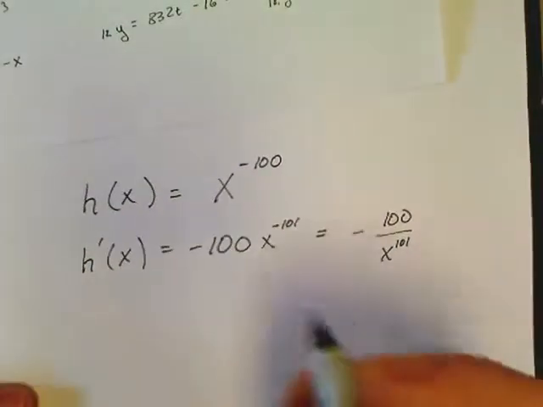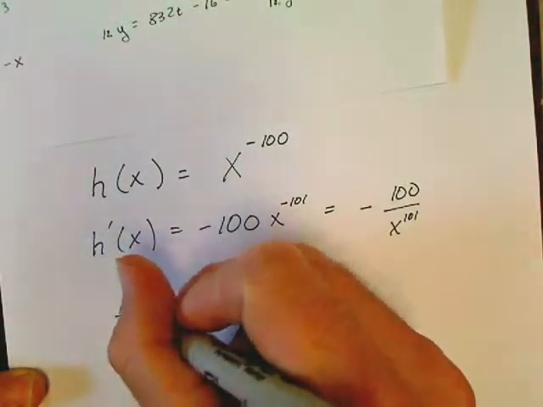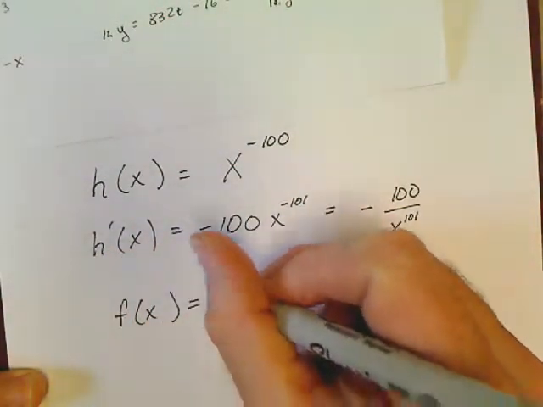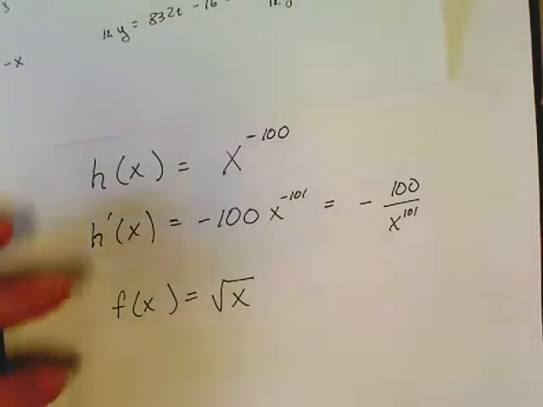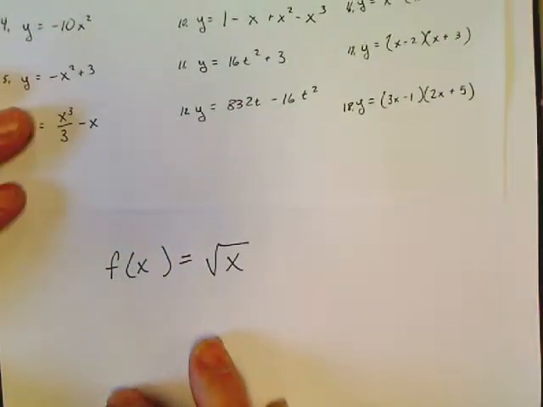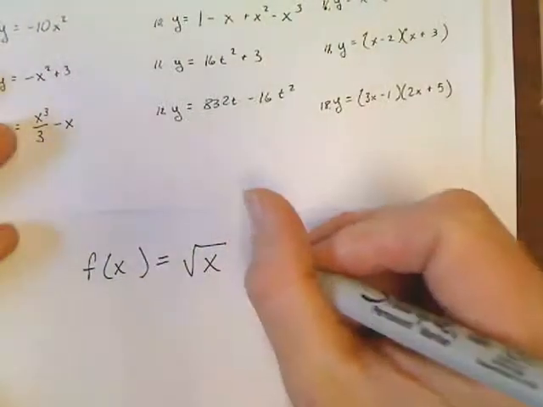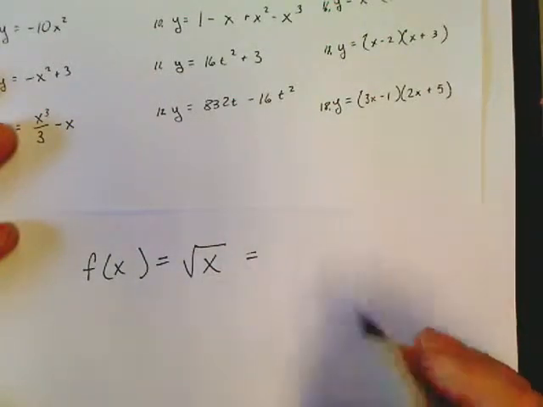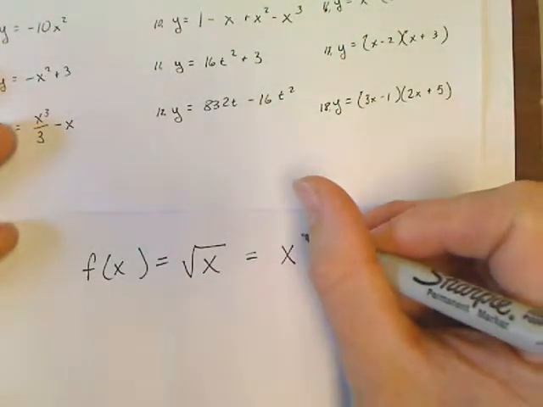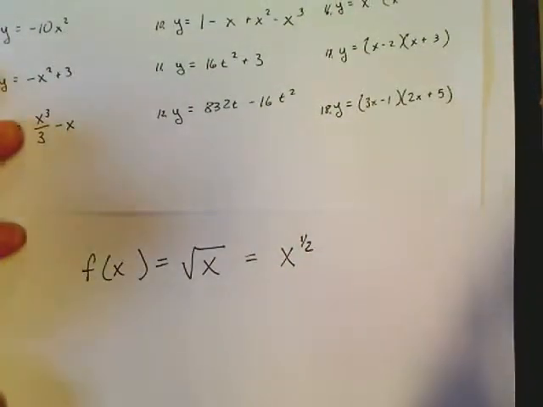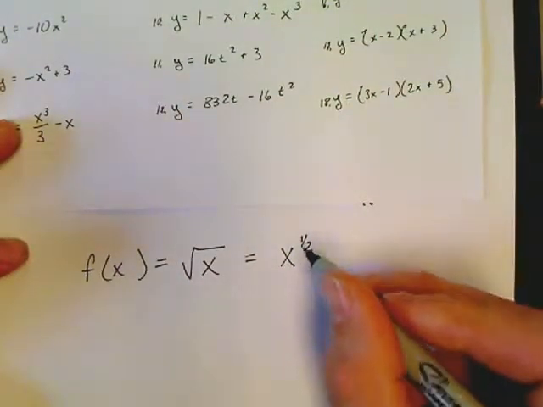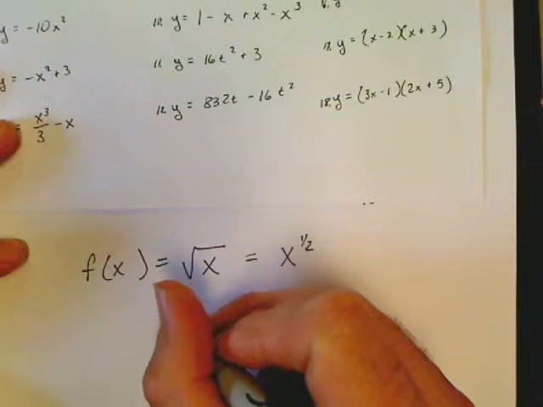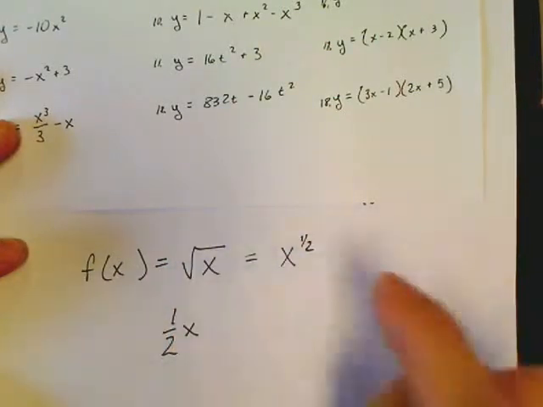Anyway, what about this one? f of x equals the square root of x. How do we do that question? First off, if you're ever doing any of these derivatives and you're given a radical like that, just change it to x to the 1/2. Now let's do our derivative. Multiply by 1/2, so it'll be 1/2 times x.